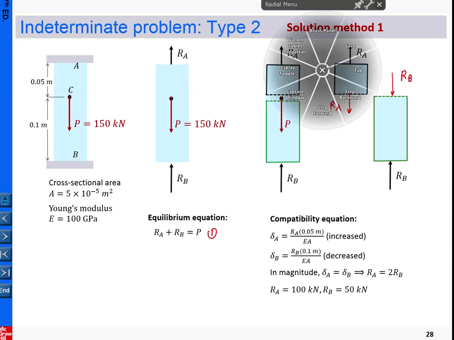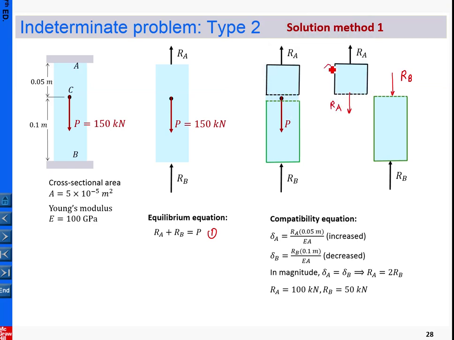So basically this length is 0.05 meters. Okay, so that is fitted into our template. Basically our template is delta equal to PL over EA.